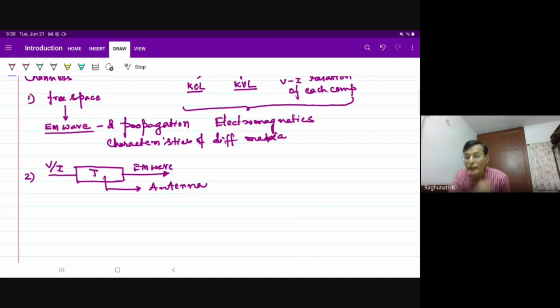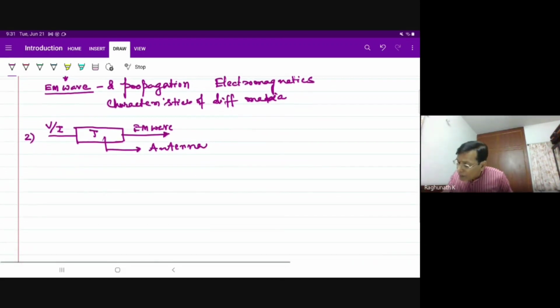That is the antenna. For different modes of propagation, the antenna is different. We need to talk about the fundamentals of an antenna. We need to know different structures of these antennas and their radiation characteristics, we call it radiation patterns. Everything will come through electromagnetics.